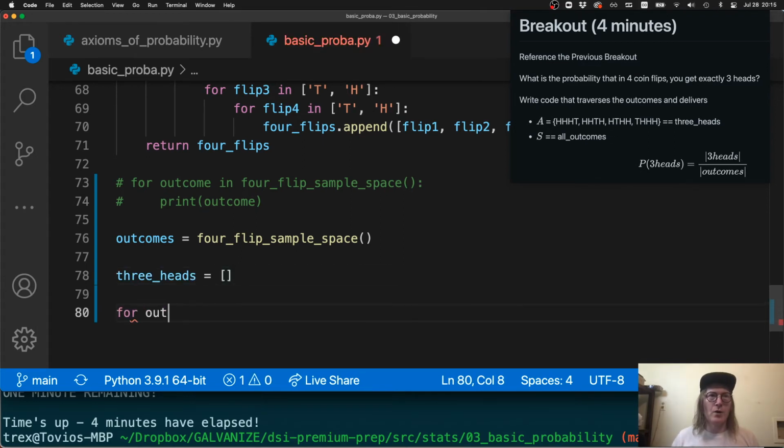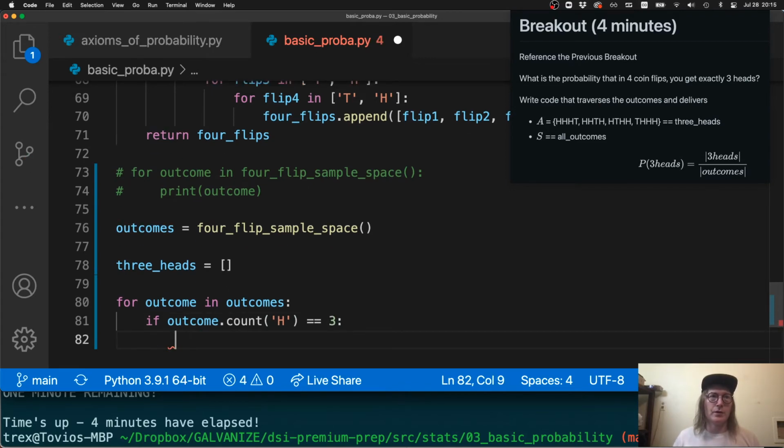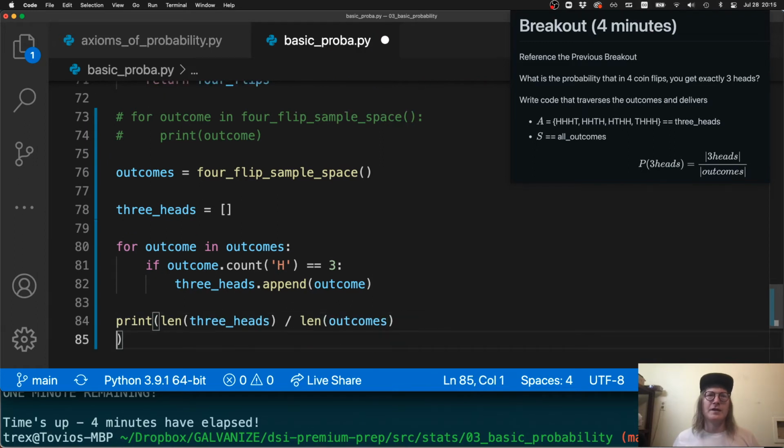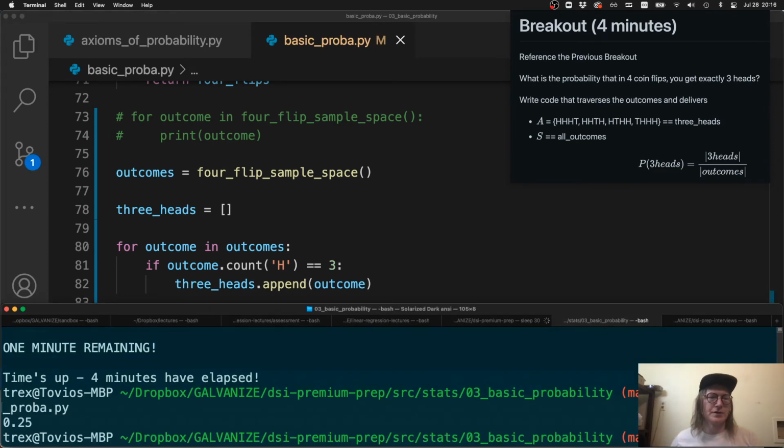You can say for outcome in outcomes, if that outcome.count of heads is 3, then we can say three_heads.append. We can append the outcome, and we can just print the length of the three_heads divided by the length of our outcomes. And that's going to be cardinality of A over cardinality of S, right? So let's see what that gets. Looks like that is 0.25.